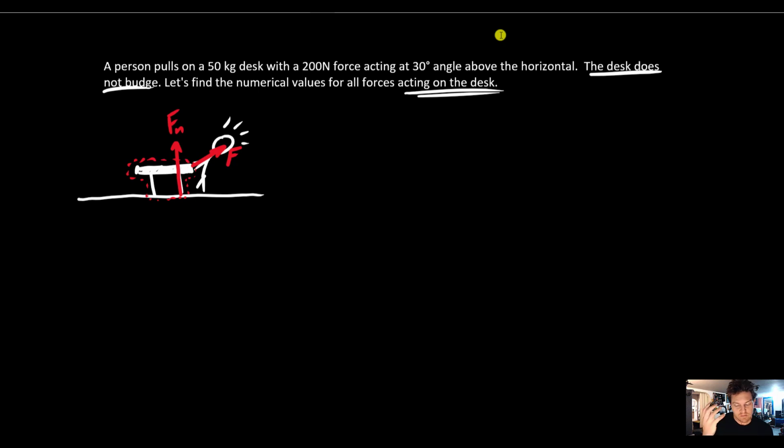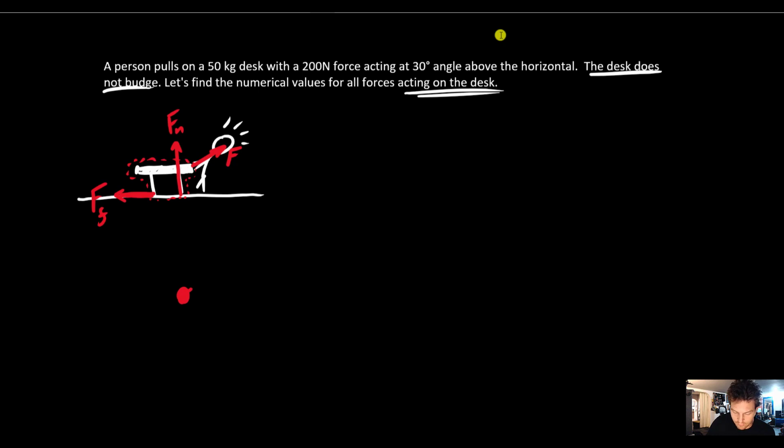If the person is pulling it to the right and it's not moving, that tells me there's some friction making sure it doesn't move, and that's going to be parallel to the ground. And from there, that's about all we have.